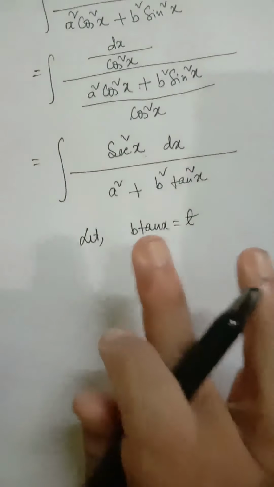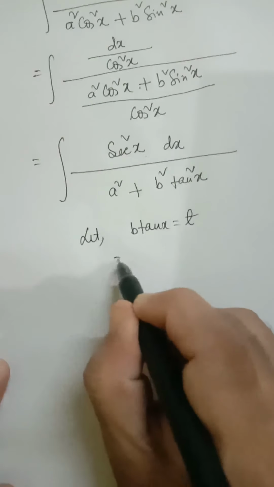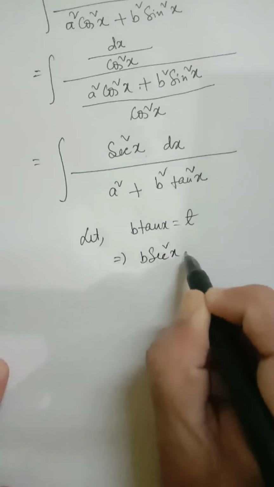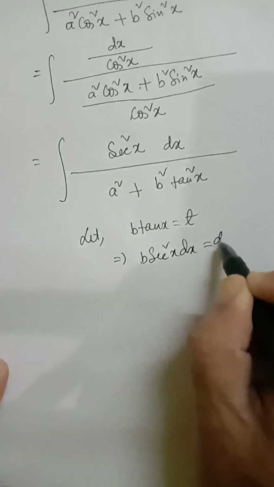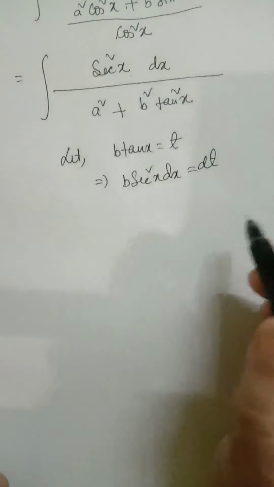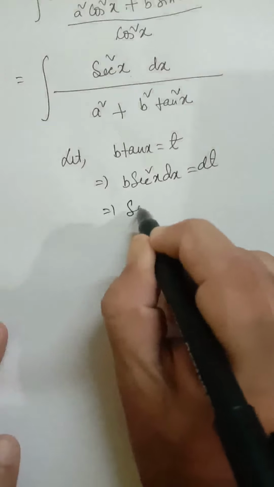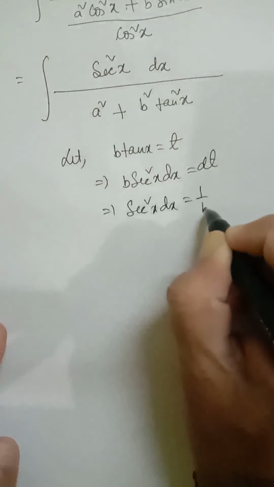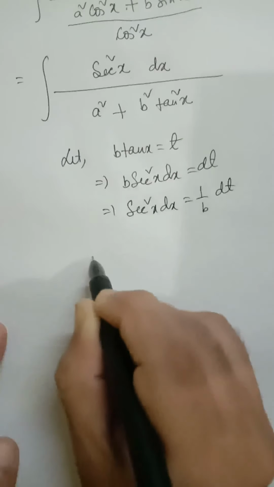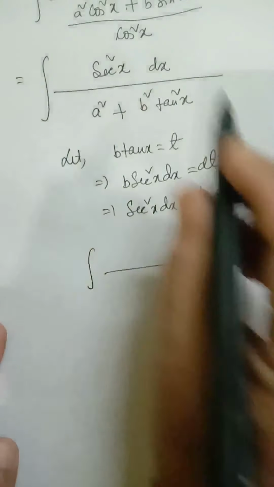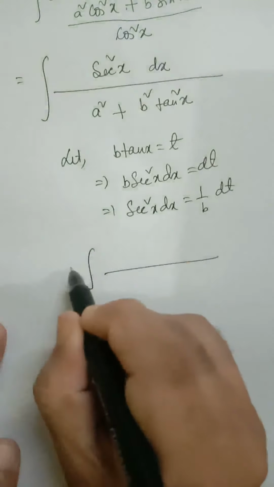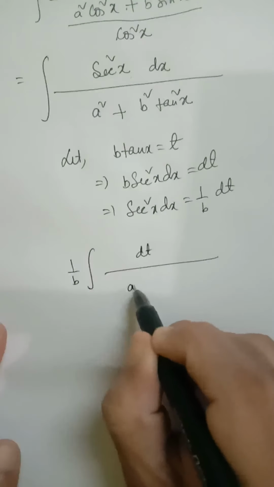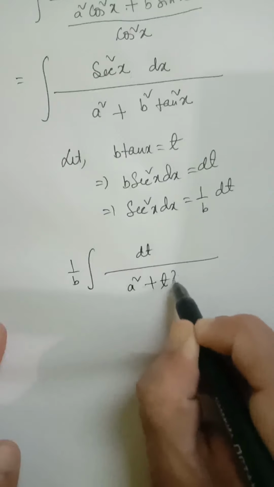Differentiating both sides, we get b sec square x dx is equal to dt, and so sec square x dx is equal to 1 by b dt. So this is 1 by b dt, and the denominator will be a square plus t square.